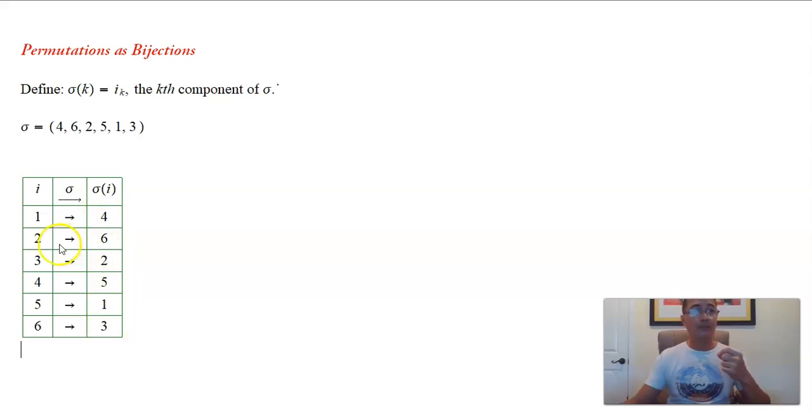There's only one input where the output is 6. What is the onto property? The range of your function has to be the entire codomain. The numbers 1 to 6 have to appear at least once. All of the numbers from 1 to 6 appear in the output.